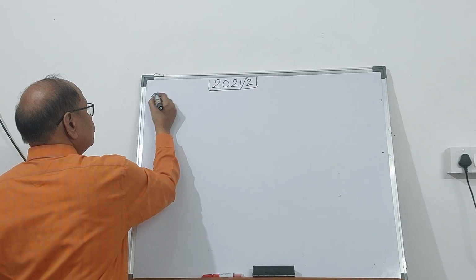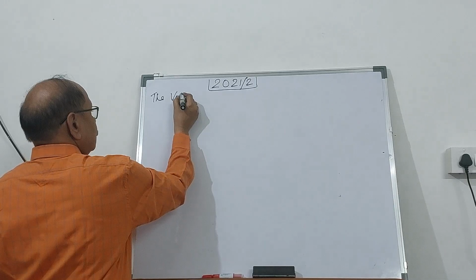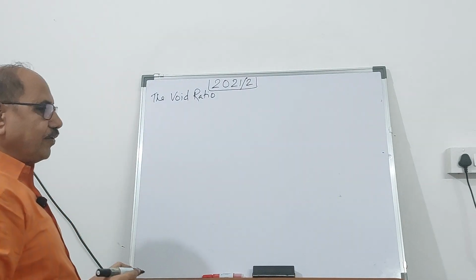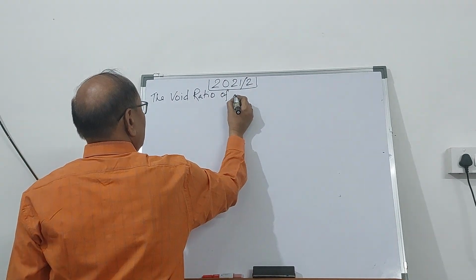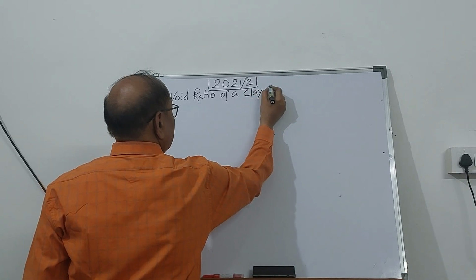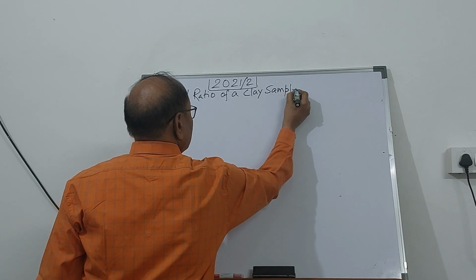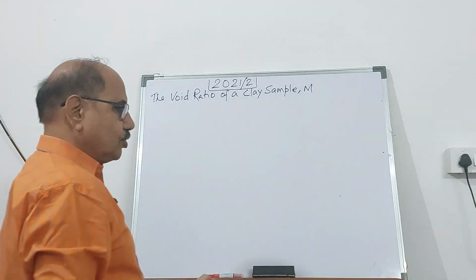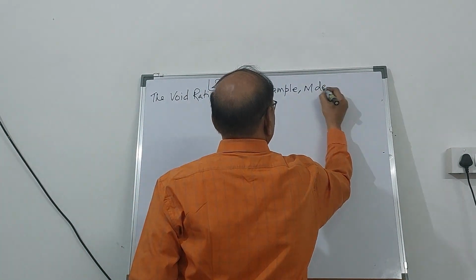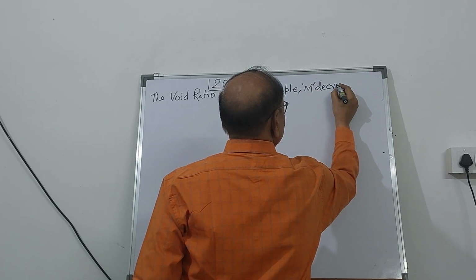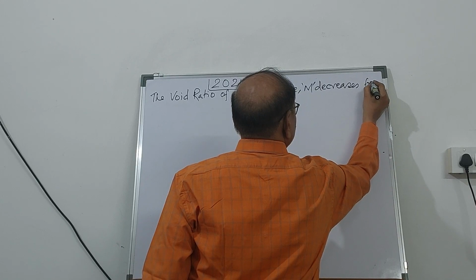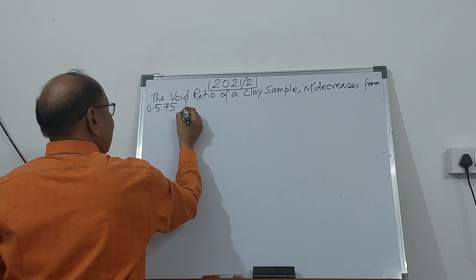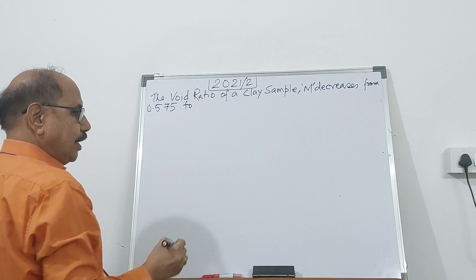The void ratio of a clay sample M decreases from 0.575 to 0.510.